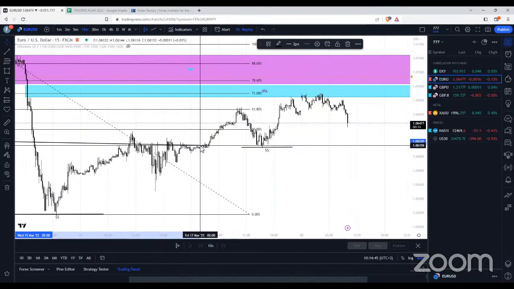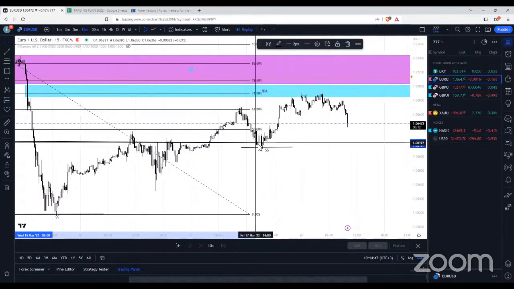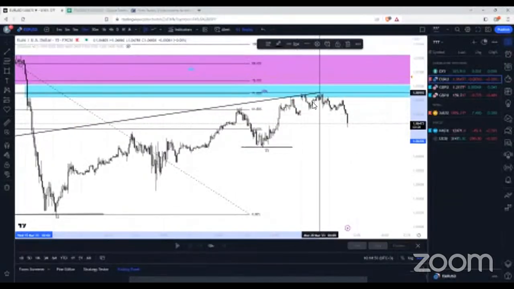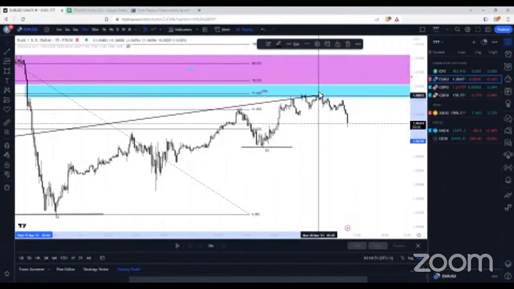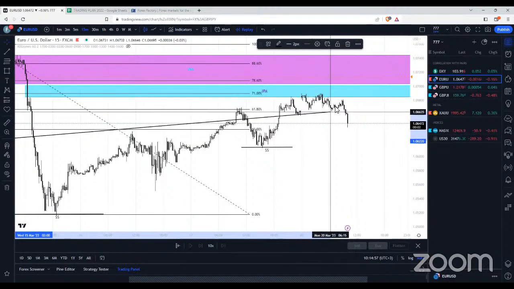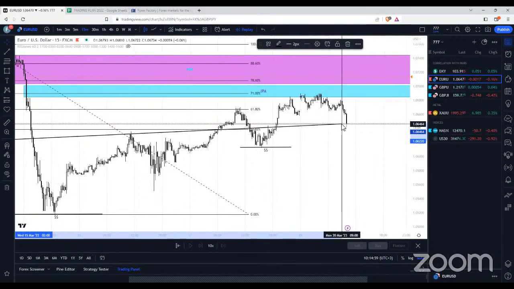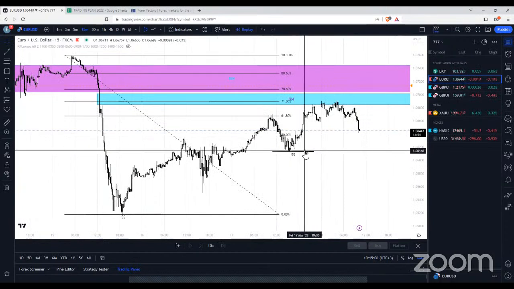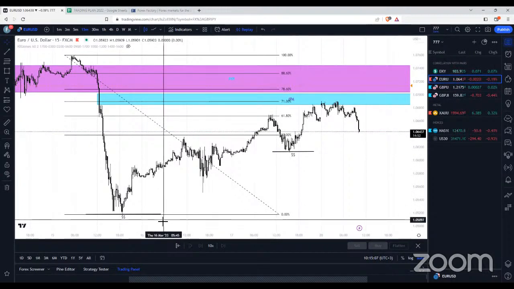So in this case, you got structure on higher high, higher low, higher high. Once you identify the previous higher high, you identify the previous higher low, and then we broke structure, came back, and now we're distributing at this current point. So potentially this is our first target, and then this is going to be a second target.